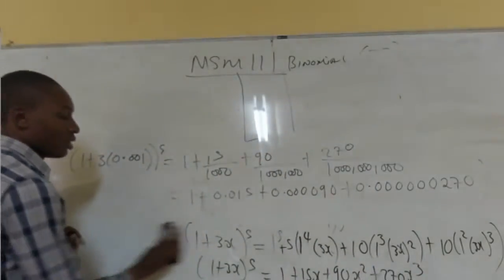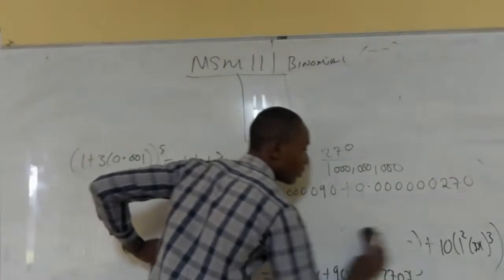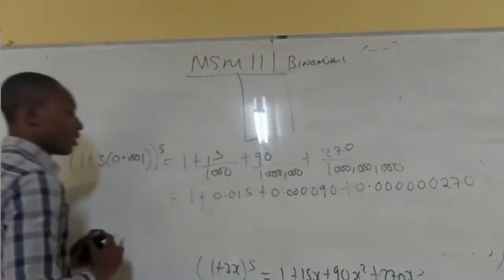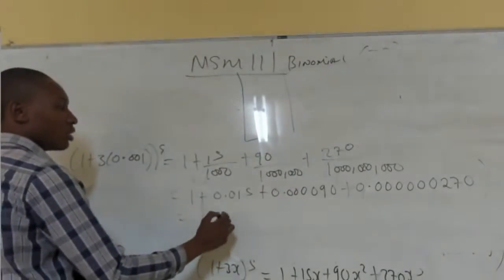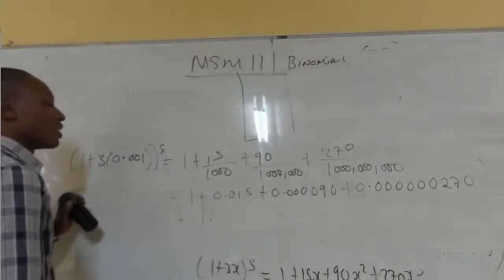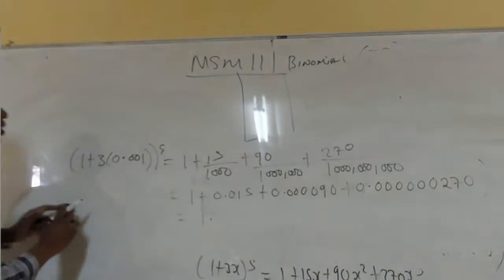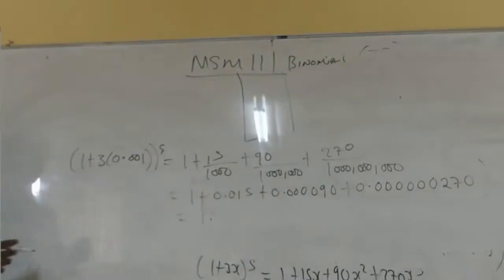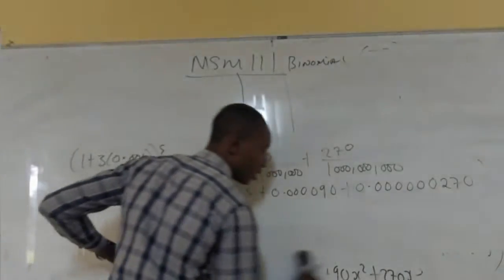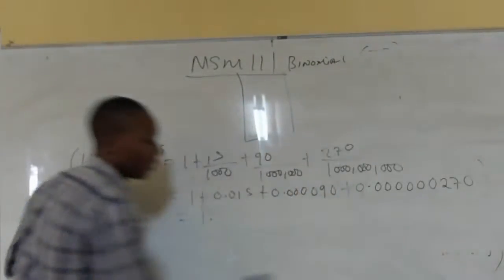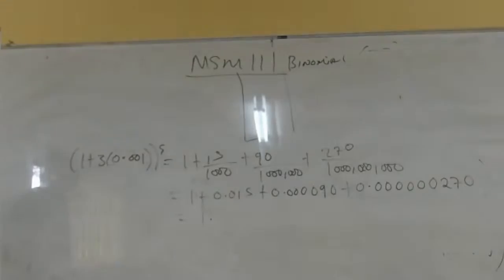Alright, so since we are adding, the final answer is going to be 1 point something. Now, notice that all of them are of the same sign, okay? So I have to teach you how to not use a calculator.